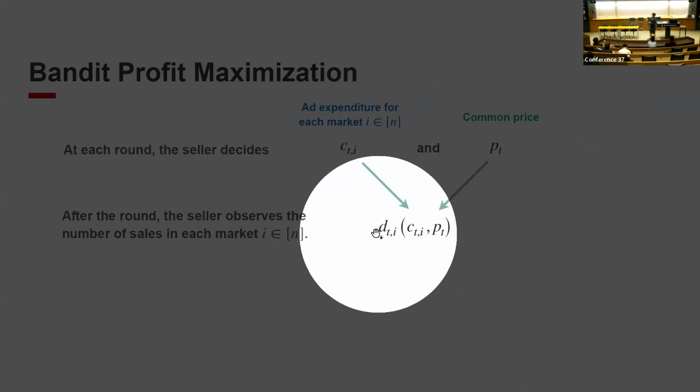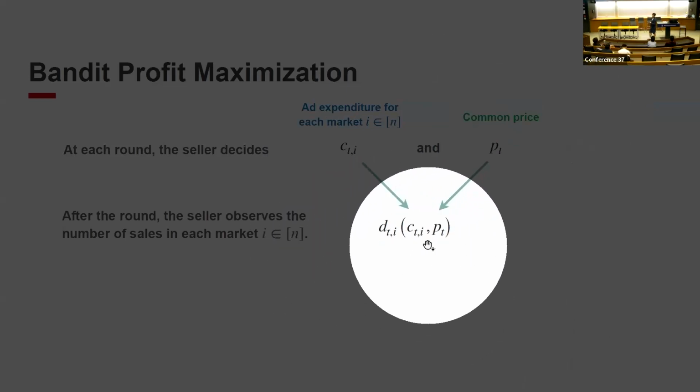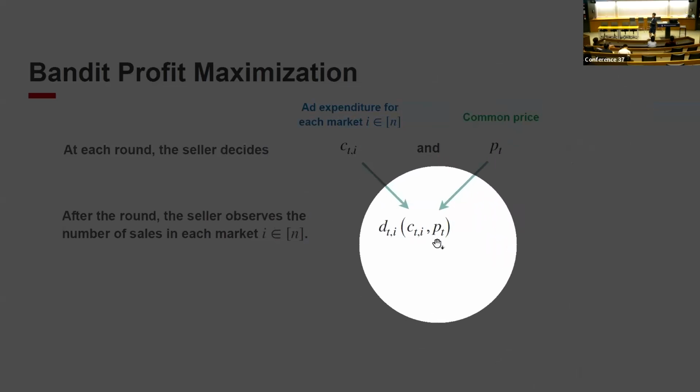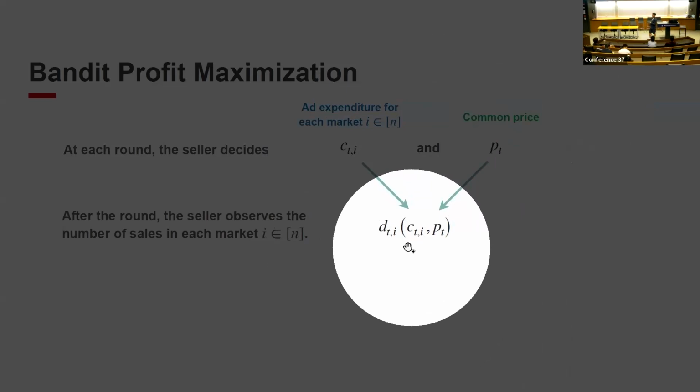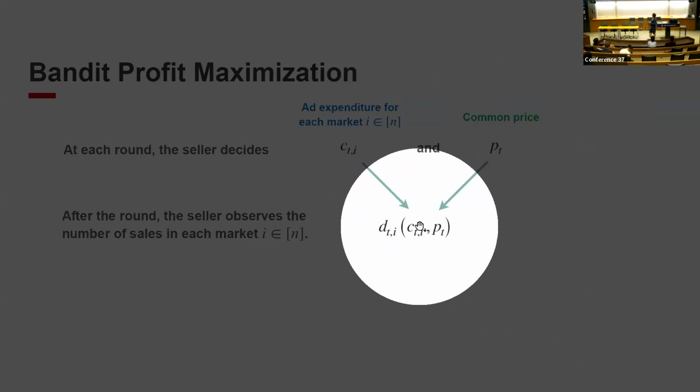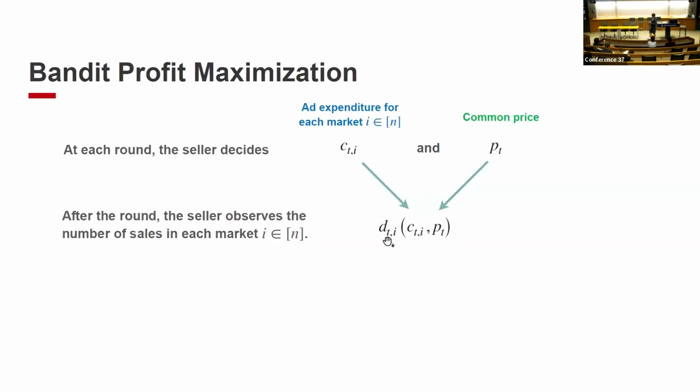So the seller observes sales in each market, and this function is evaluated at these specific points. Therefore, it's bandit feedback. You don't observe anything else about this function. You only observe the function value evaluated at these points.